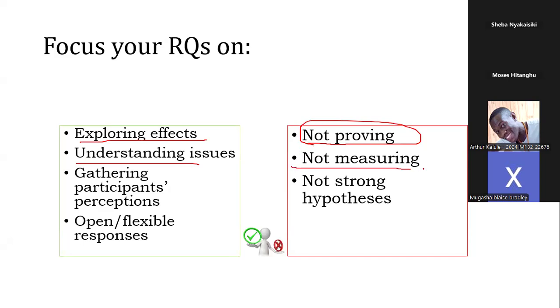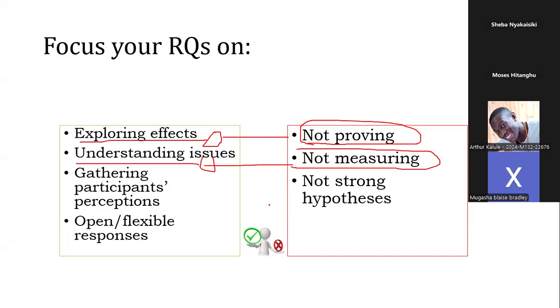You're not trying to measure anything. You're simply trying to understand. Yeah? If you're trying to find what the effects are, you're not trying to prove the effects, but what it is that causes the effect. Okay? What is it that causes effect to this thing?